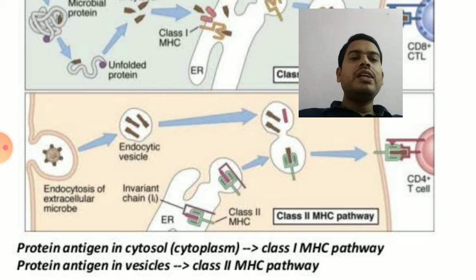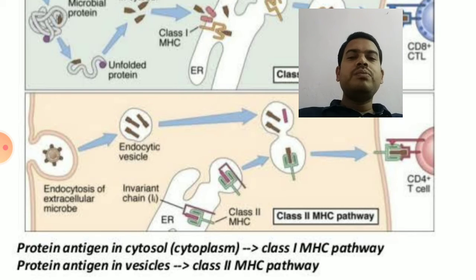So remember, both class 1 and class 2 MHC molecules are synthesized and will be ready in the endoplasmic reticulum. Whenever these peptidic antigens bind to them, they will detach from the endoplasmic reticulum and be transported onto the transmembrane region, where they will present the antigen to T cells.